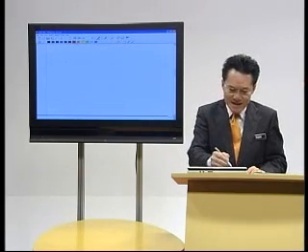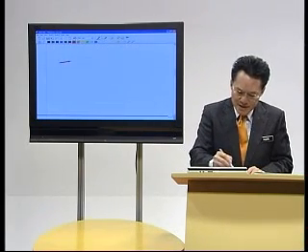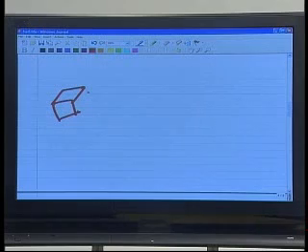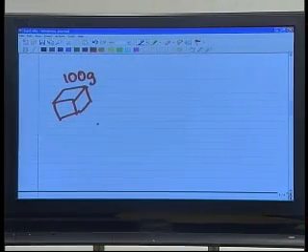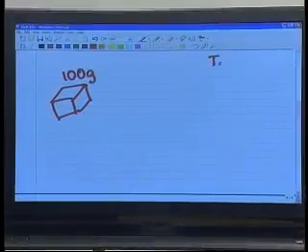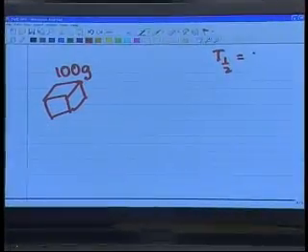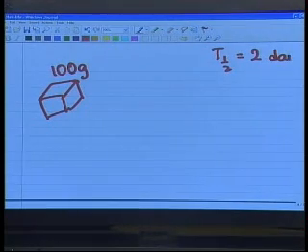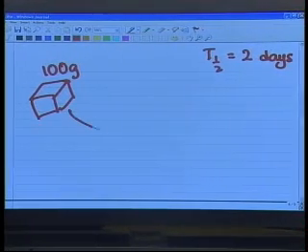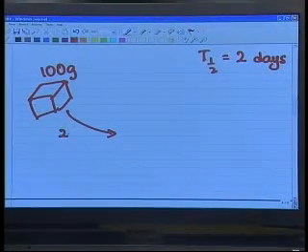So let's say I start with an object, or rather a substance, radioactive substance. I start with 100 grams. Let's say its half-life is 2 days. So after 2 days, what will happen?